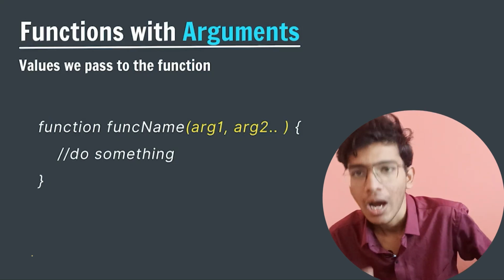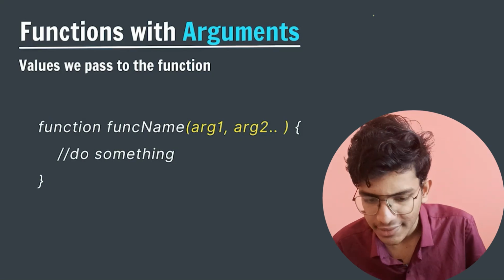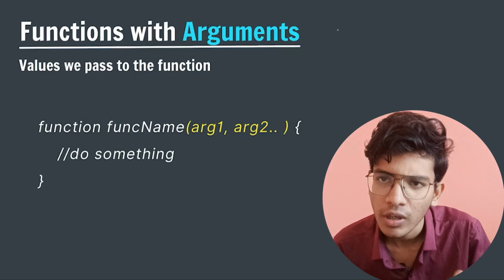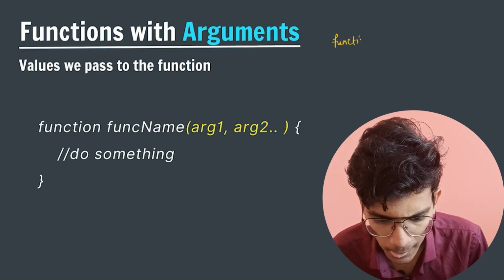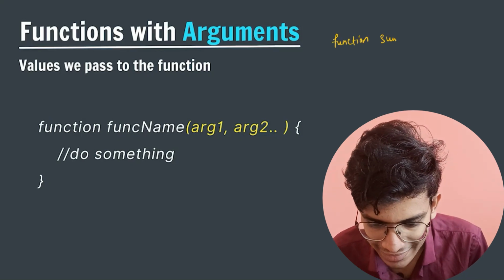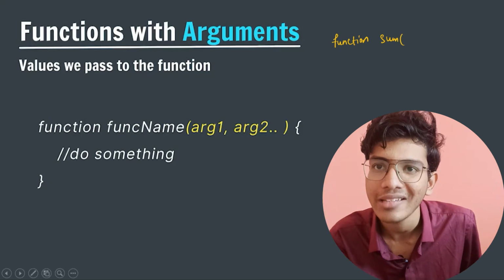Now how we pass an argument, how we give input to a function: let's say I am writing a function to calculate the sum of two numbers. So I will write the function keyword, after it sum, and in the parenthesis I need to pass my variables.